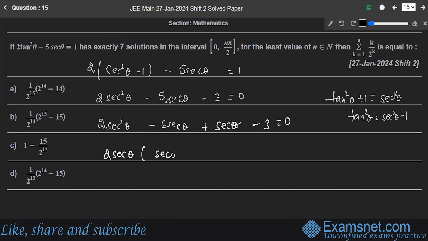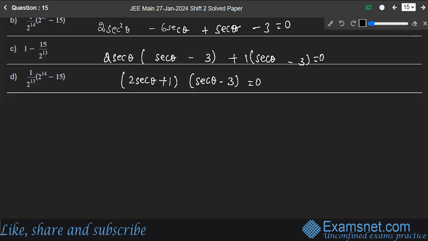You have secant theta minus 3 plus 1 times secant theta minus 3. 2 factors: 2 secant theta plus 1 into secant theta minus 3 is equal to 0. That means secant theta can have two values, minus 1 by 2 and 3.